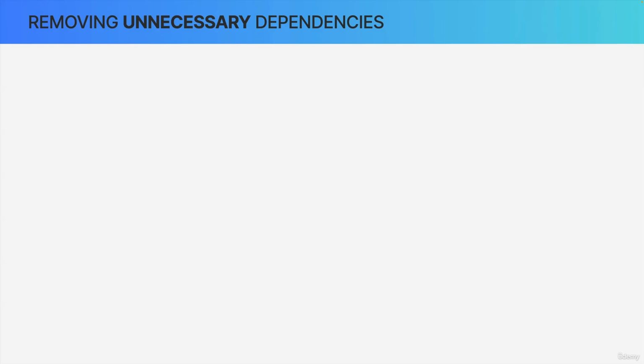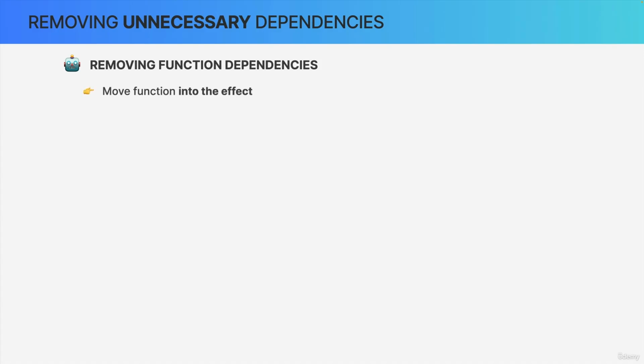So, first off, when you're dealing with helper functions as dependencies, the easiest way to remove the dependency is to just move the function right into the effect. Because if the function is inside the effect, then it's no longer a dependency of the effect. However, if you can't do that, because you might need the same function in multiple places, you can try to memoize it with useCallback.